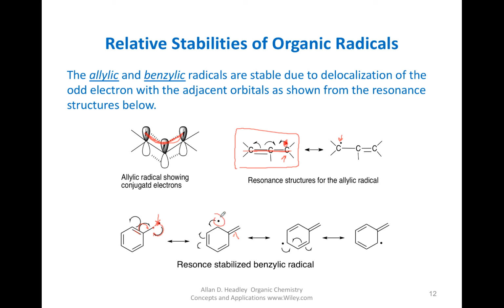So you can see we can put this odd electron here, we can put it here, we can put it here, which means that that odd electron has been delocalized throughout the benzene ring, and that presents stability to the radical. So that is why the benzylic radical and the allylic radical are exceptionally stable radicals.